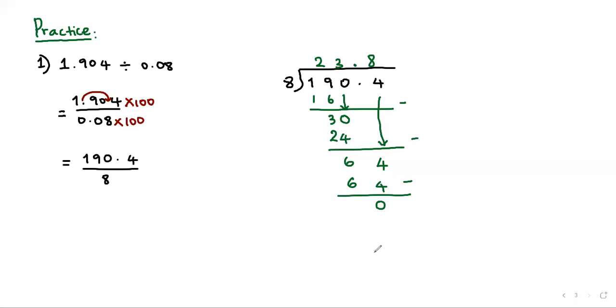So it means that when we have 1.904 divided by 0.08, we will get 23.8. Everything okay? Okay.